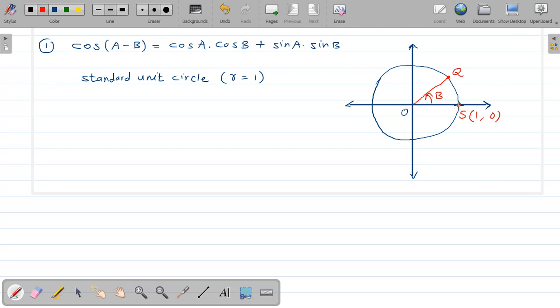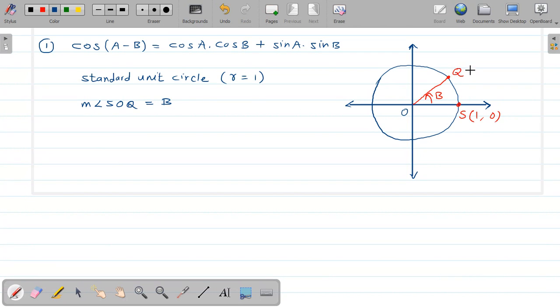Always we have to measure the angle from the positive x-axis, and OQ is the terminal arm of the angle B. So here I will write the measure of angle SOQ is equal to B.